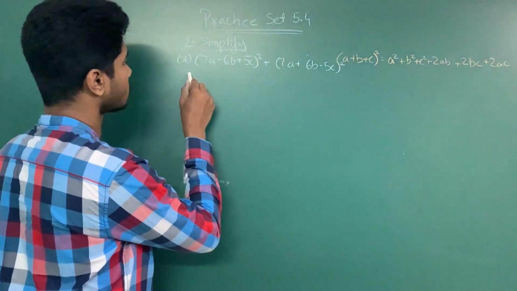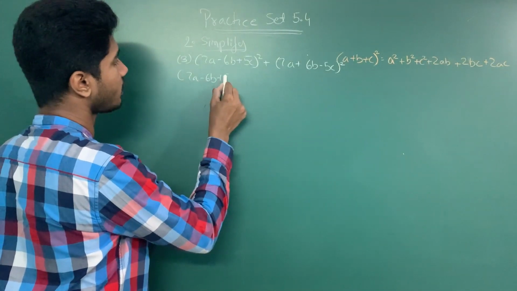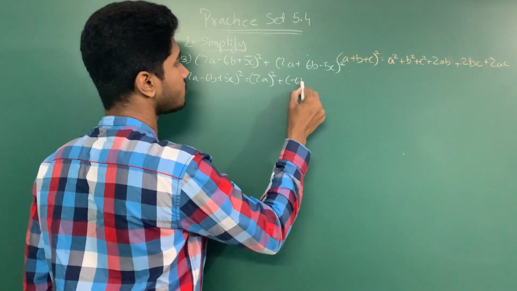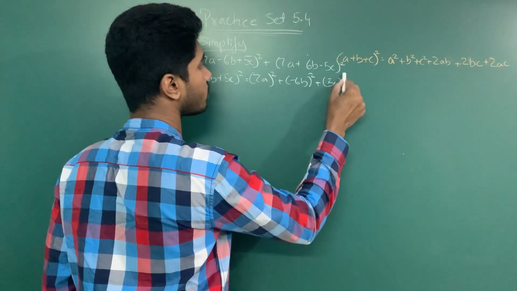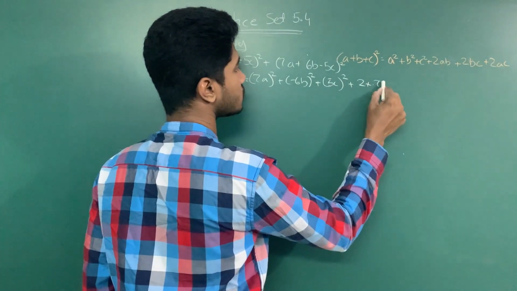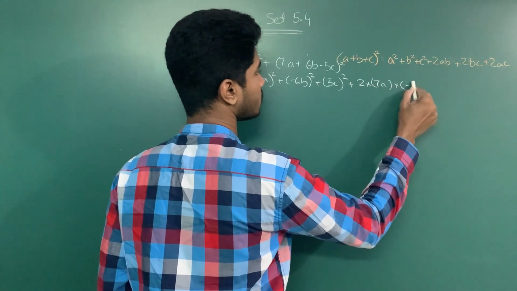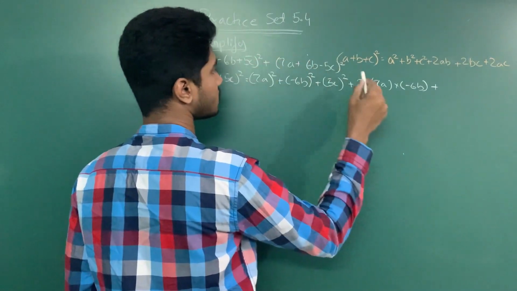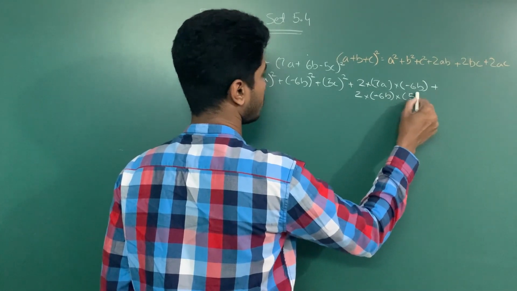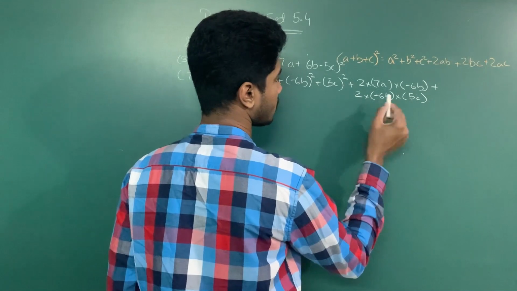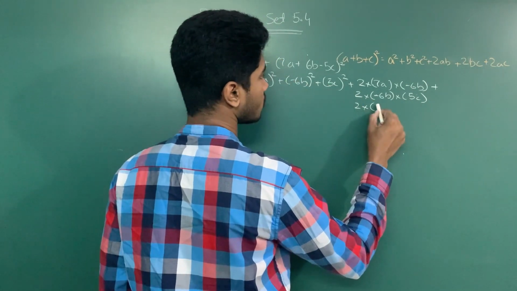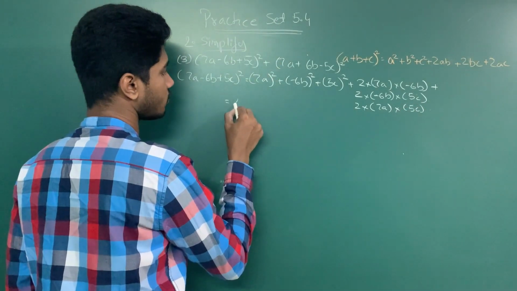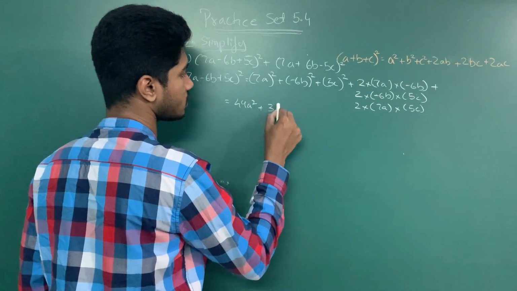Let's start with the first bracket. 7a minus 6b plus 5c the whole square is equal to 7a the whole square plus minus 6b the whole square plus 5c the whole square plus 2 into 7a into minus 6b plus 2 into minus 6b into 5c, and the second bracket, that is 2 into 7a into 5c.